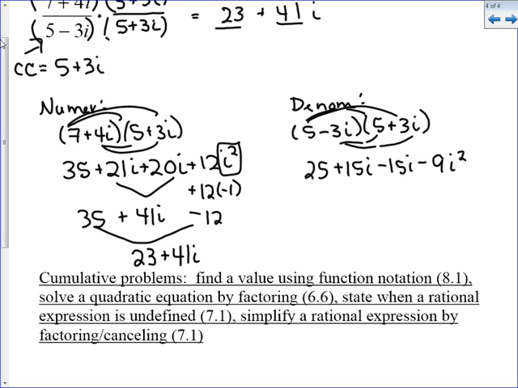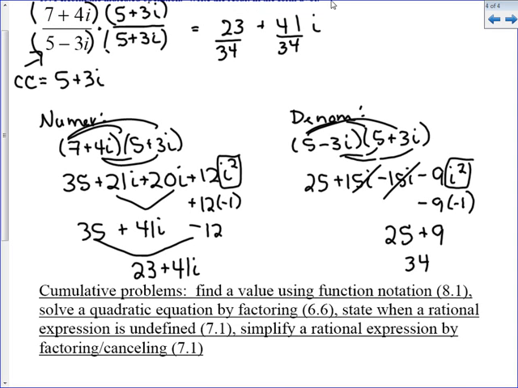For the denominator, the middle two terms should always cancel. That's why we use a conjugate. And then my i squared I can replace with negative 1. So I'm looking at 25 plus 9 is 34. So my denominator for each individual fraction is 34.